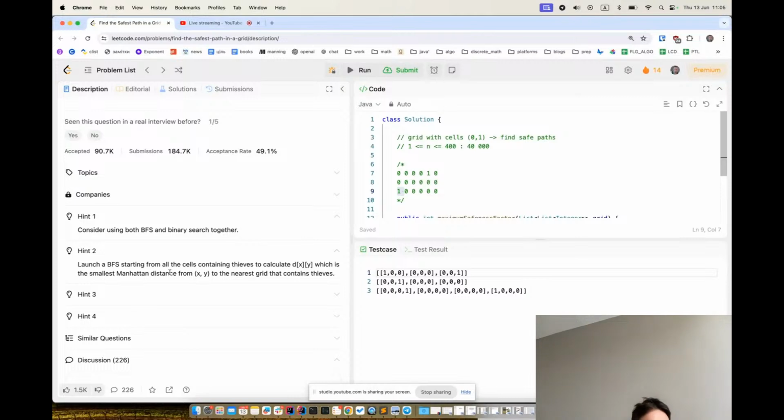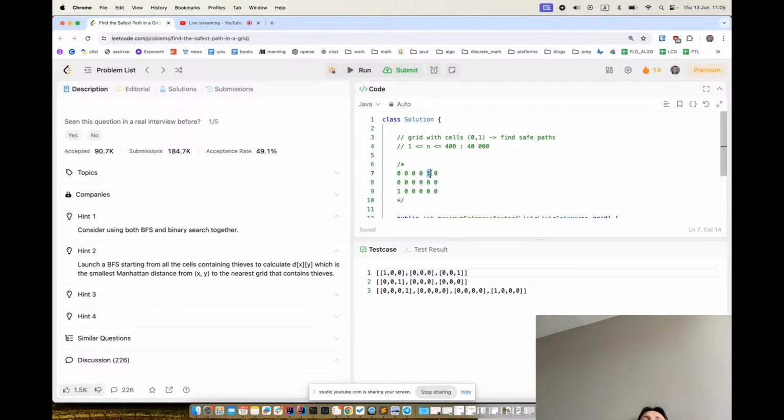Launch BFS starting from all cells containing chiefs to calculate the smallest Manhattan distance from X to Y to the nearest grid that contains a chief.